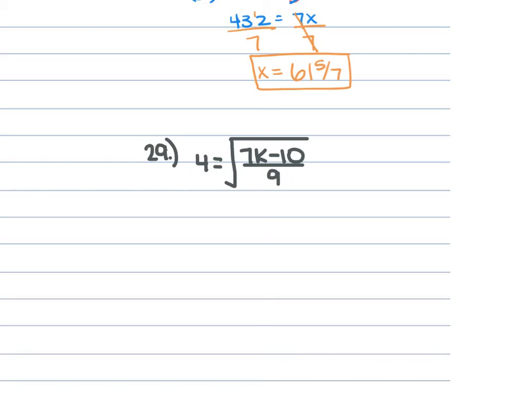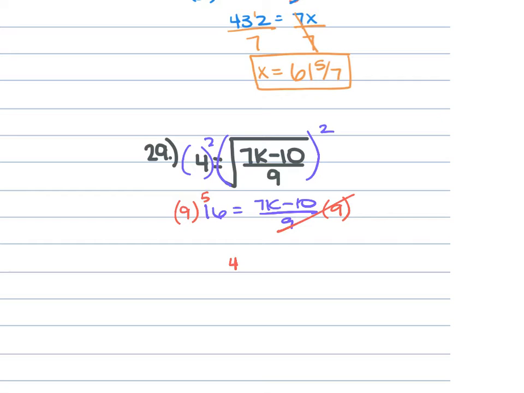For 29, we have 4 is equal to the square root of (7k - 10)/9. So again, isolate the radical, which is done, square both sides. So 16 is equal to (7k - 10)/9. We multiply each side by 9. The 9's cancel out. 9 times 16 is 144.